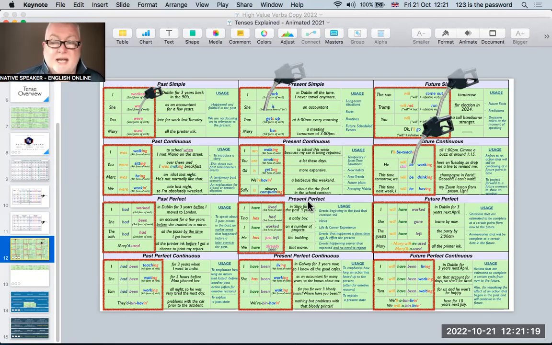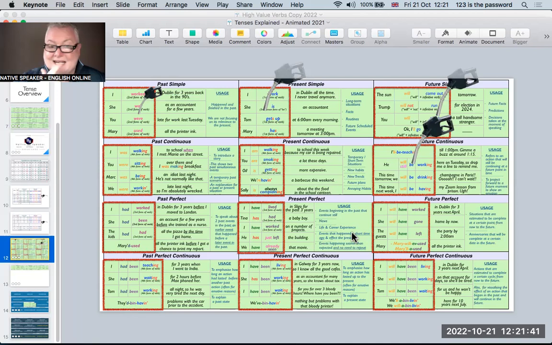Well, how long will this take? Some students take longer than others. But you should always say, I'm confused about this tense and this tense. I'm confused about these tenses. Well, the usage is written here on the side of each tense.